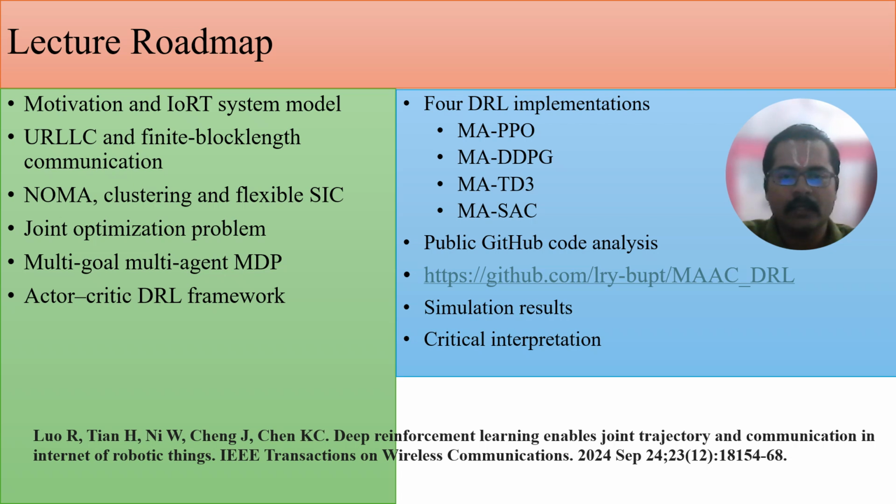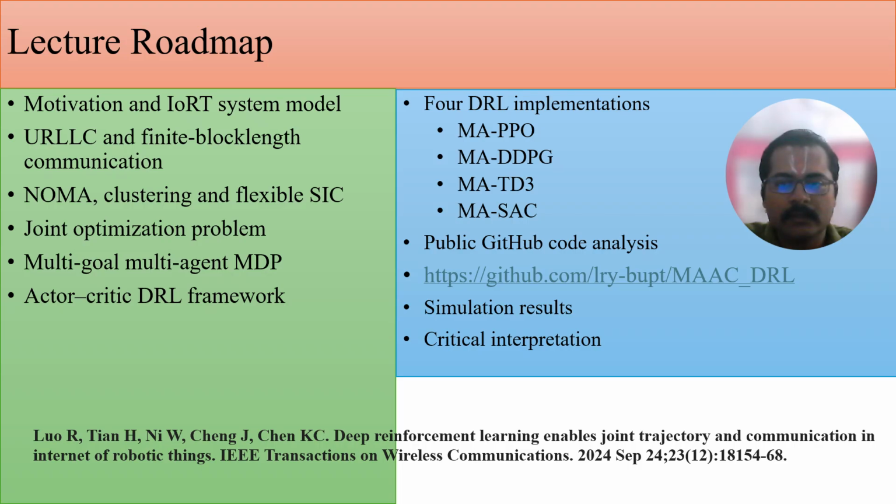Let's see the lecture roadmap. The motivation and the IoRT model, ultra-reliable low-latency and finite block length communication, non-orthogonal multiple access clustering, flexible SIC (successive interference cancellation), the joint optimization problem, the multi-agent Markov decision process, and the actor-critic deep reinforcement learning framework.